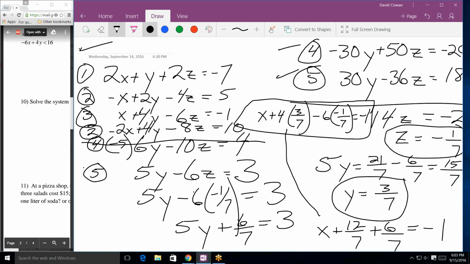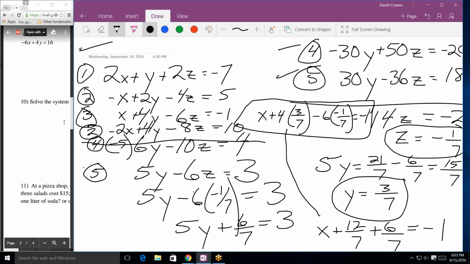Now, if I had a lot of time, then I would go back into this equation and substitute my 3 answers that I got for x, y, and z, and see if indeed it's equal to -7. You know what I'm saying?